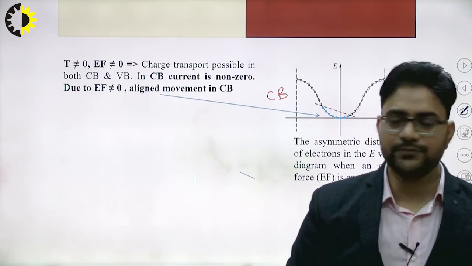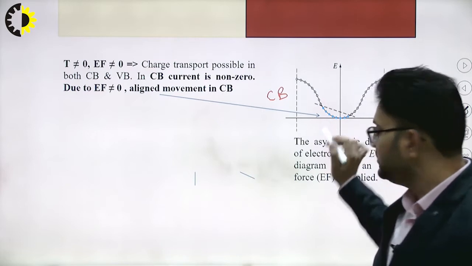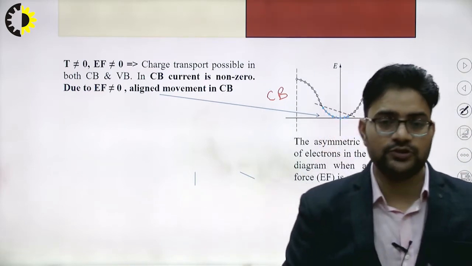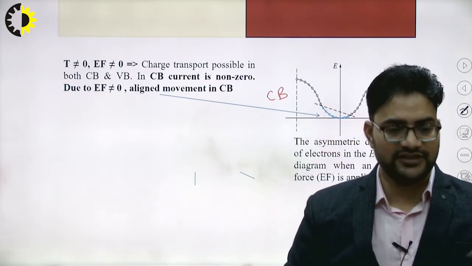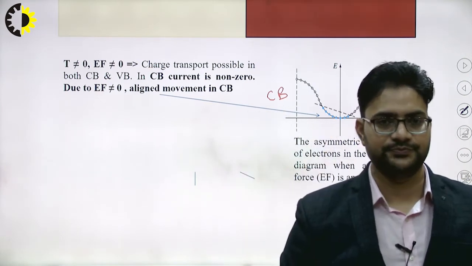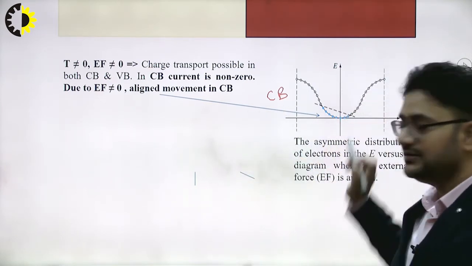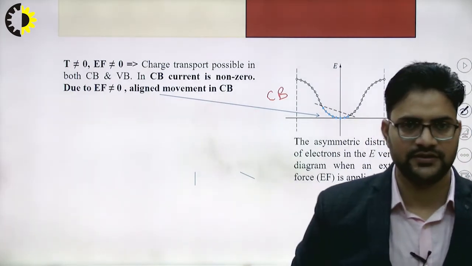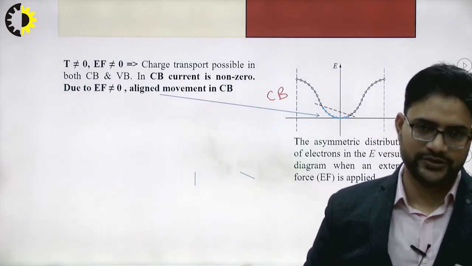Now, the second postulate we can draw is that an unequal number of electrons are reaching from the valence band towards the conduction band and from the conduction band towards the valence band due to this asymmetrical distribution, right? So this is also a case.